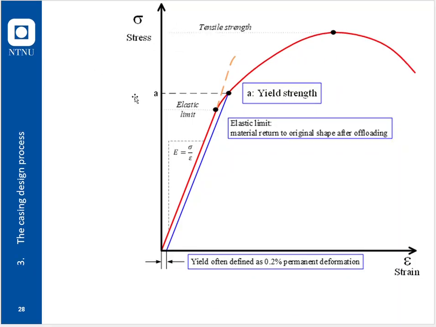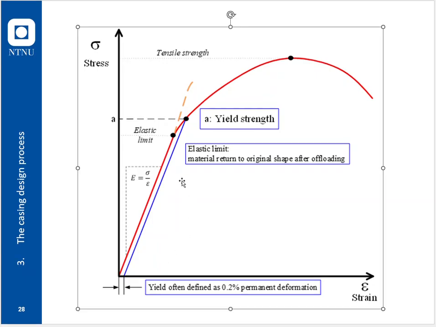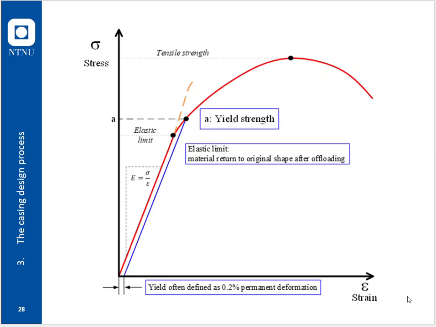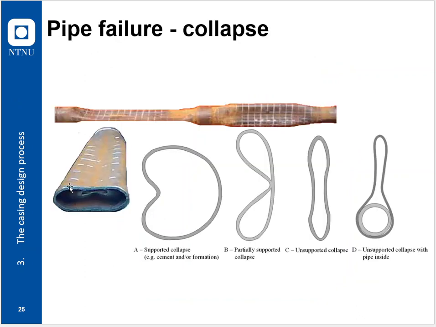We remember this point here, yield strength, and it has a 0.2% permanent deformation. So yield strength collapse, it yields, it doesn't collapse. So we start to deform the pipe, but it doesn't do this.